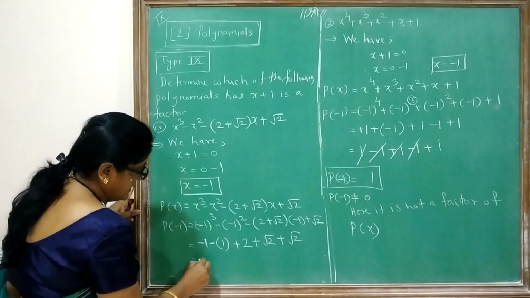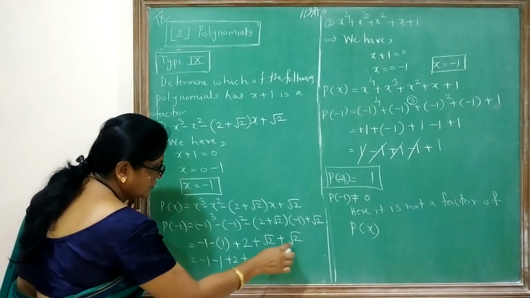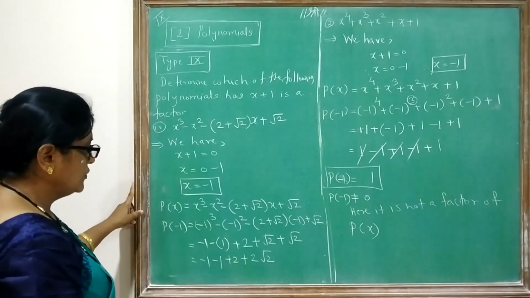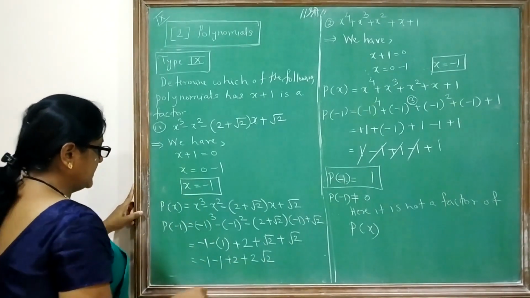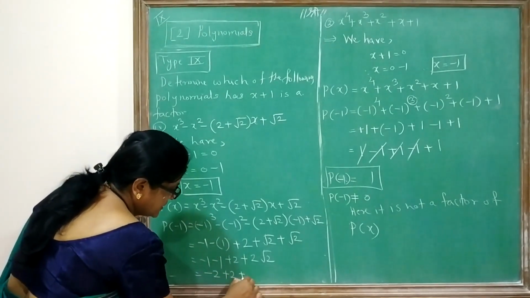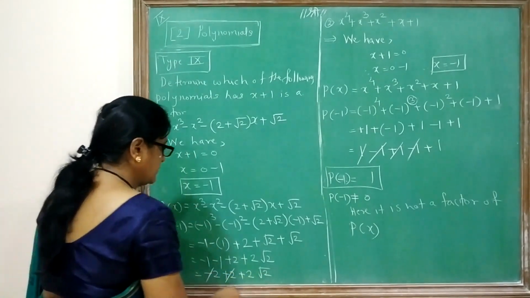Then minus 1 plus 2 plus root 2 plus root 2, that is 2 root 2. Then minus 1 minus 2 plus 2 root 2. Then minus 2 plus 2 will be cancelled.